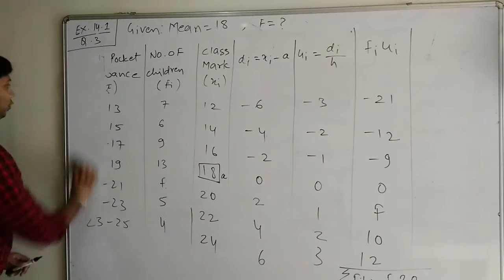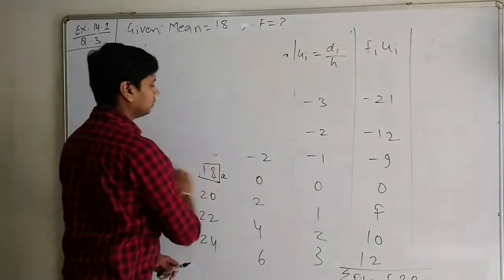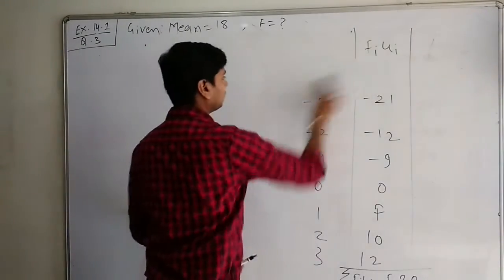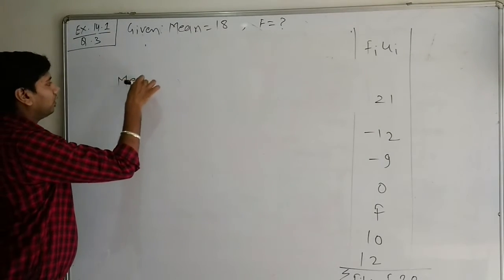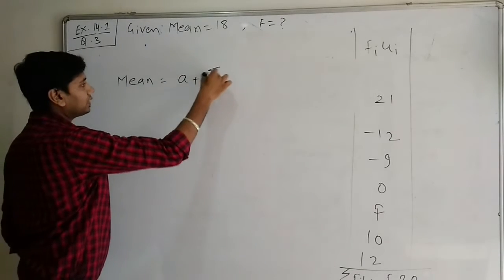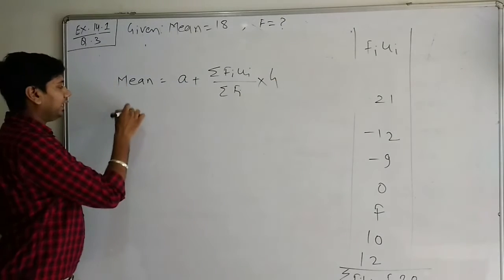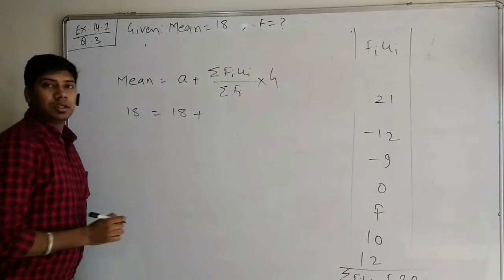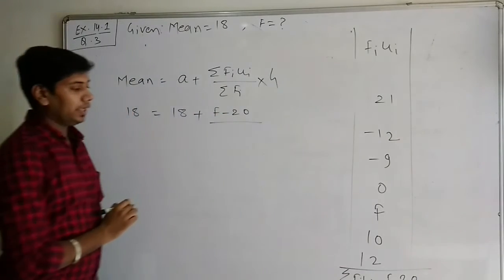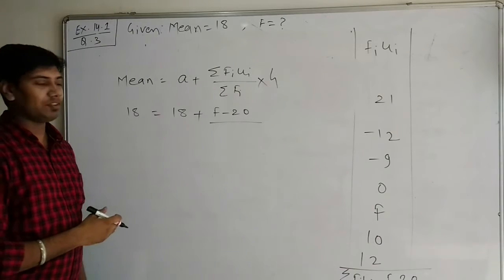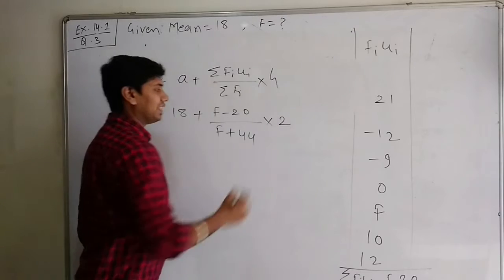Now we have to find the frequency. For this we use the formula of the step deviation method. The mean for the step deviation method is a plus sigma fi ui upon sigma fi, multiplied by class size. Here the mean is 18, a is 18 and sigma fi ui is f minus 20, and the sum of all given frequencies is f plus 44, multiplied by class size 2.